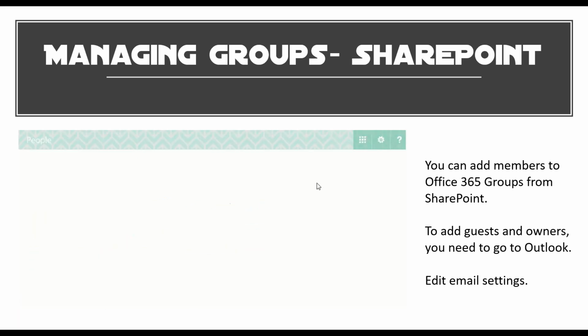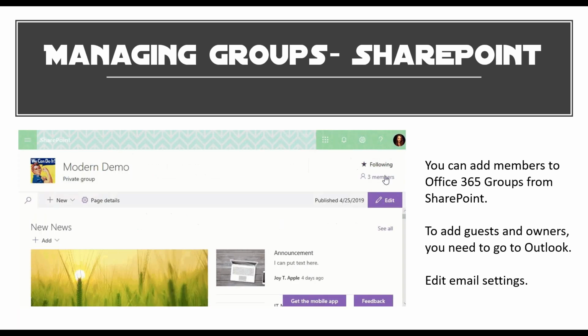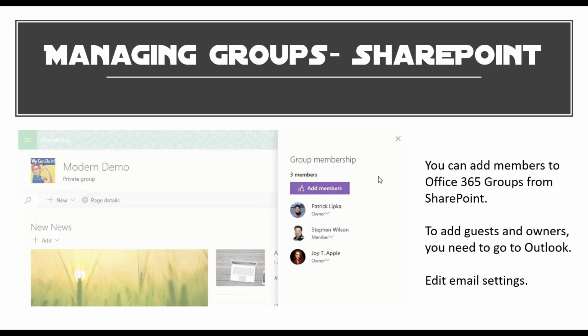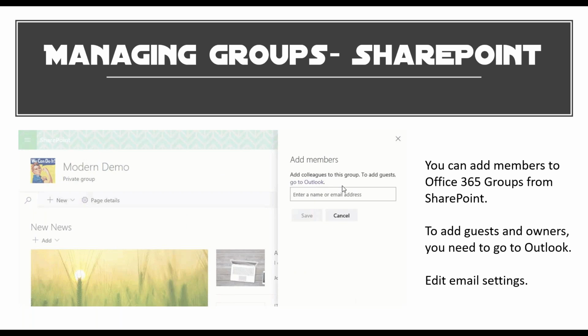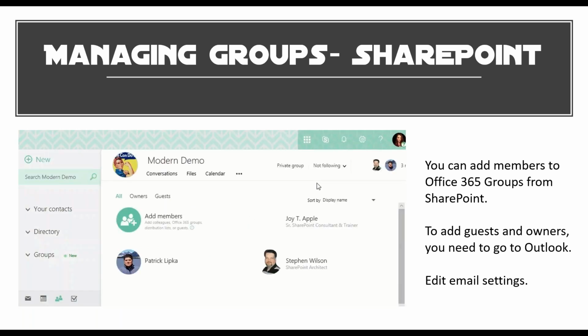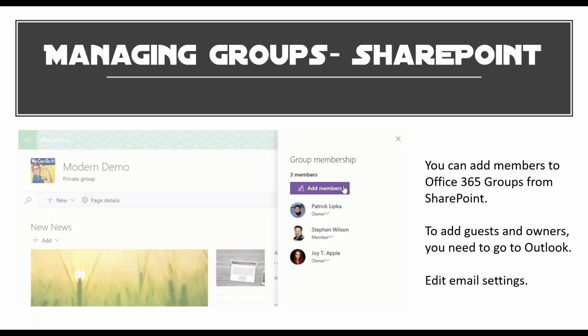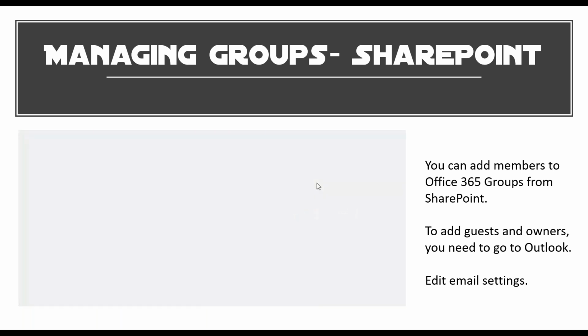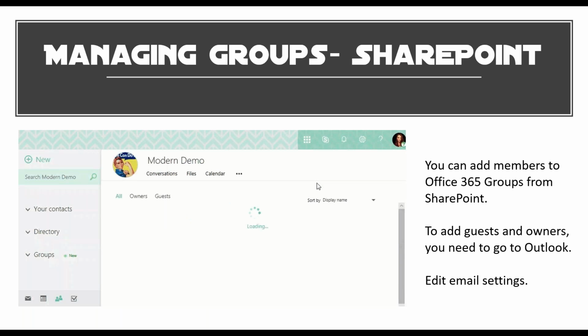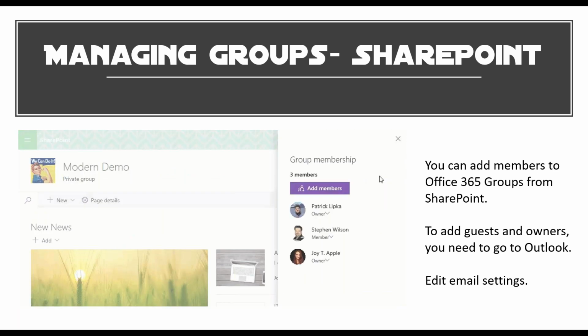Speaking of managing, you can manage your groups from SharePoint, kind of. I realize there's no pause on this little GIF I inserted, so if it's making you motion sick, I apologize. When you're in SharePoint, you click on that members group. You can add a member right there, or you can go to Outlook to add an owner or a guest. Our guests, remember, can look but pretty much can't touch.